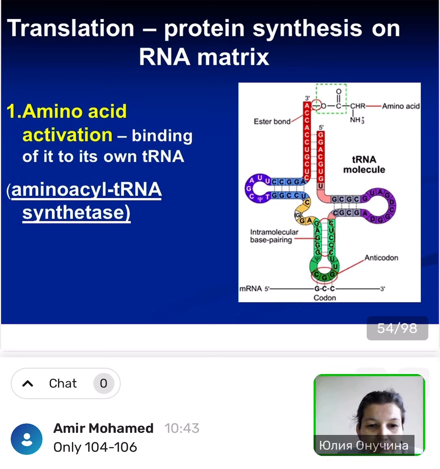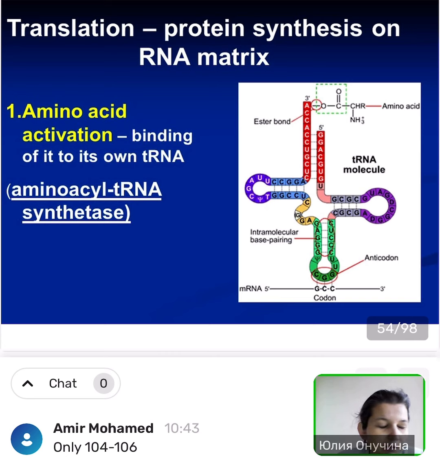So translation. It may be only with the help of tRNA, transfer RNA, that has in the beginning an anticodon that will be complementary to the codon in matrix RNA, and at the other part, a site for connection with an amino acid.